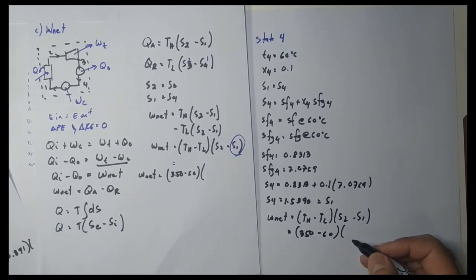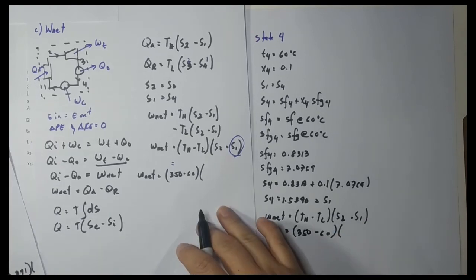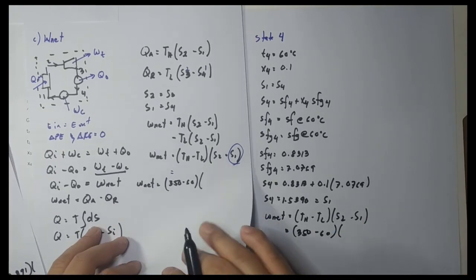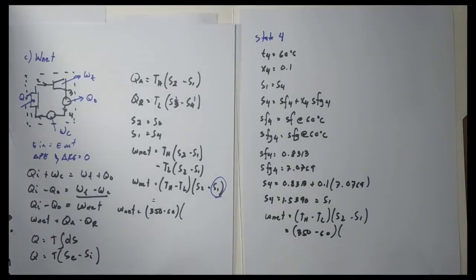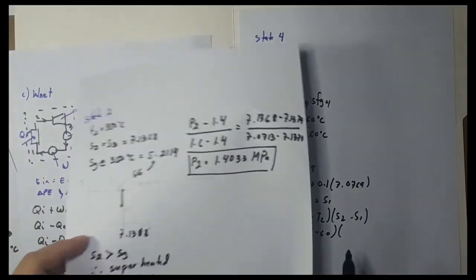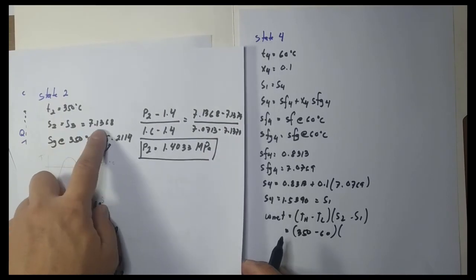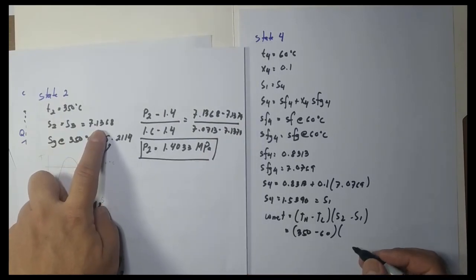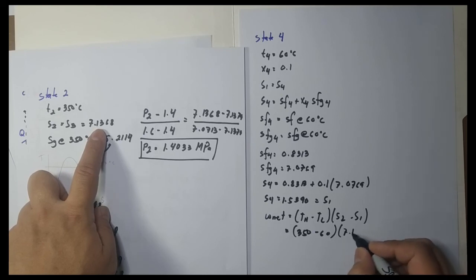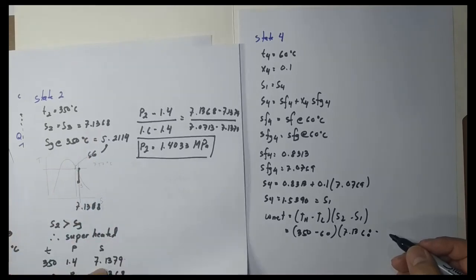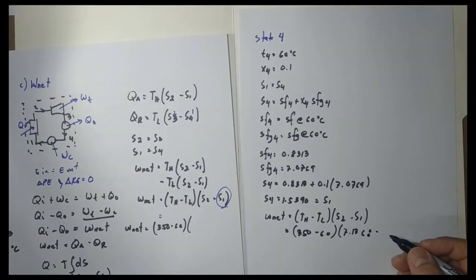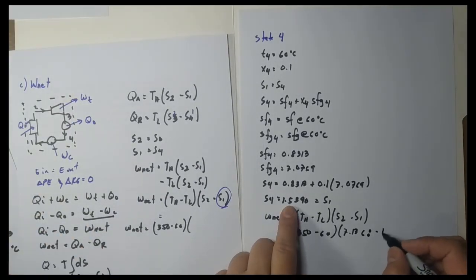Then, S2 is, anong S2 natin? S2 ay, yan, hahanapin ko tuloy. Asan na? Nalito na rin ako. Ayun. Okay. S2. Tama ba? Tama. 7.1368. Okay. Minus. Okay. S1 na 1.5390.